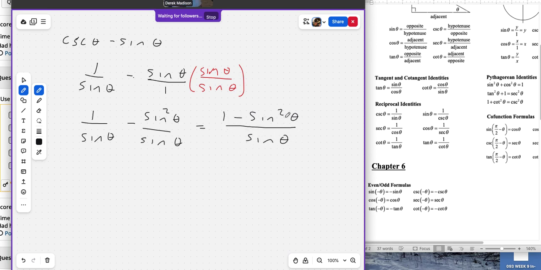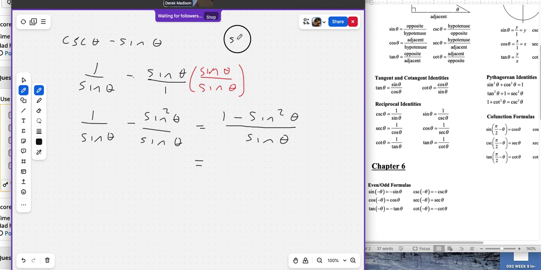And whenever I see sine squared or cosine squared, that makes me think of the Pythagorean identities over here. So if I subtracted sine squared theta over to this side of the equation, I'd be left with cosine squared theta equals 1 minus sine squared theta, which is this right here. So that means I can replace this with cosine squared theta.